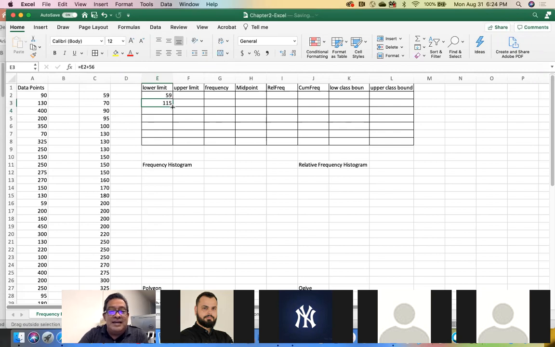If I drag this cell down, I am going to create a formula. If you see here, we have 59, and I am instructing Excel, whatever is in the previous cell, add 56. So I drag this down, and this is going to be my lower limit.